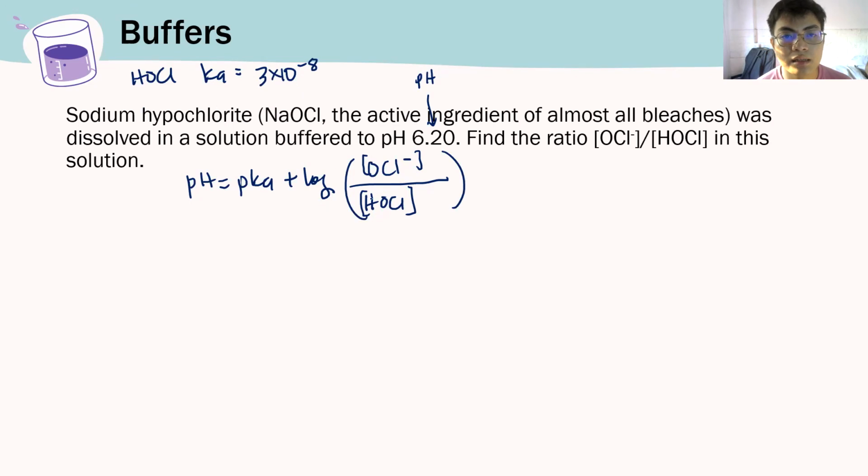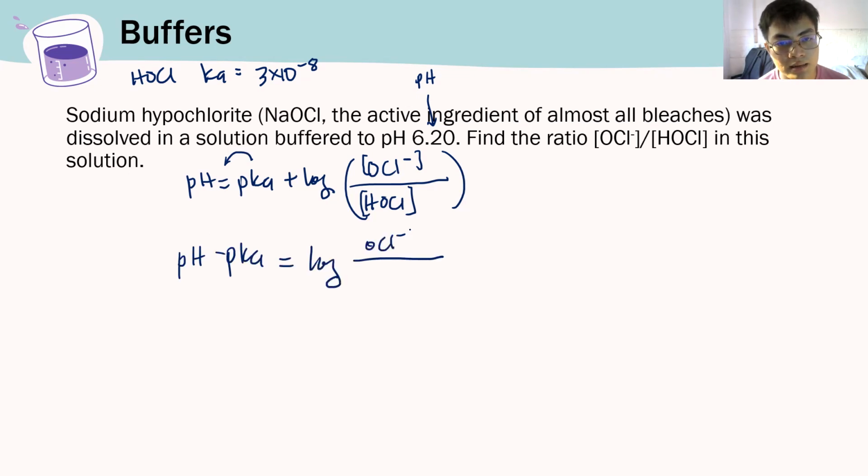That ratio is inside the logarithm, which means we want to remove it from the logarithm. How will we do that? We do the anti-logarithm. So we move the other terms to the left side: pH minus pKa equals log of OCl- over HOCl.